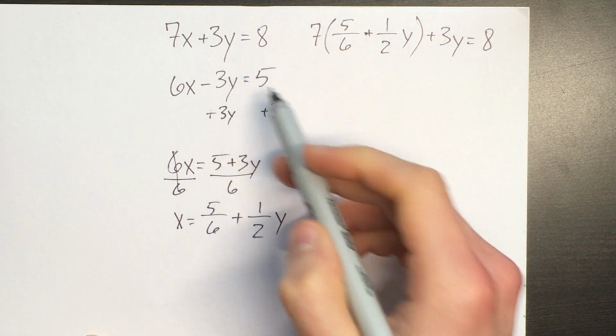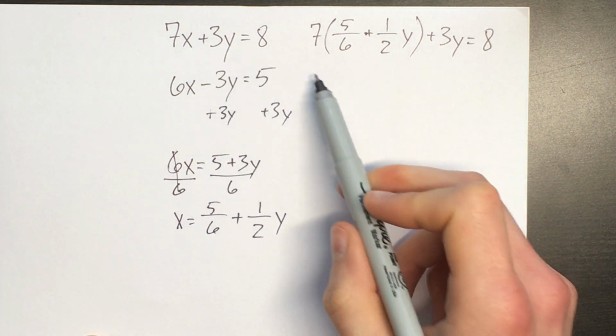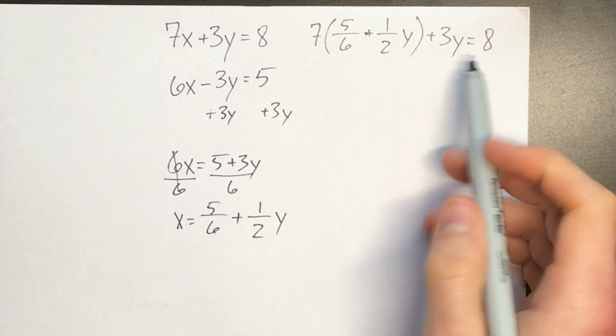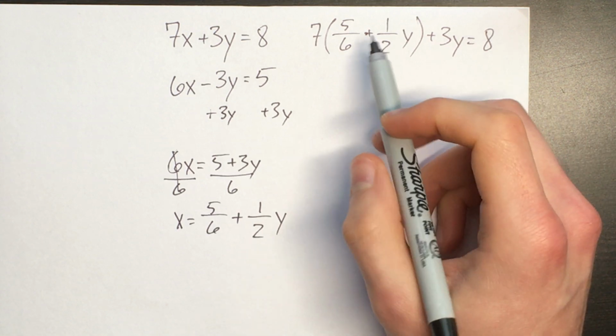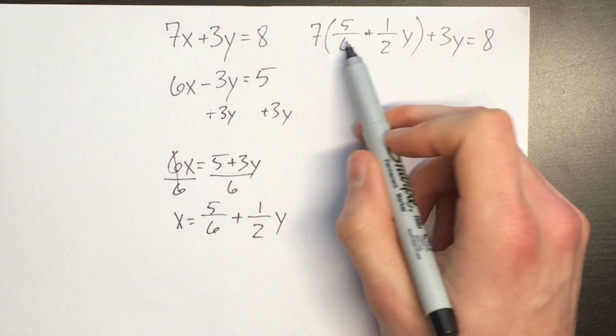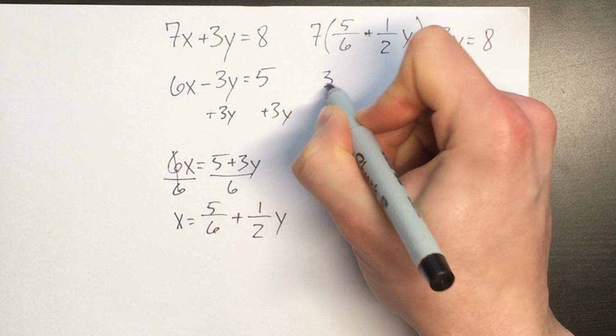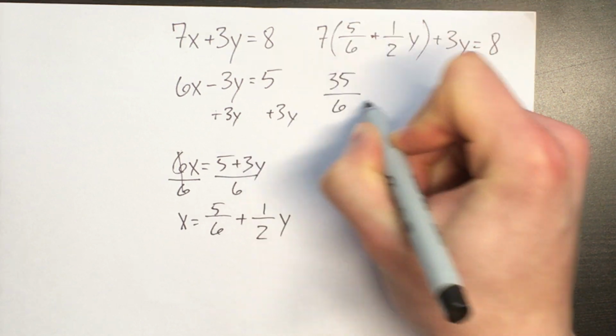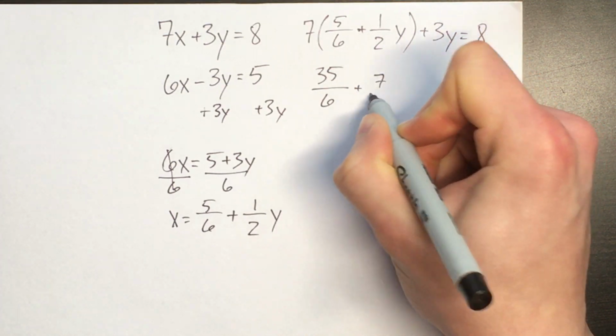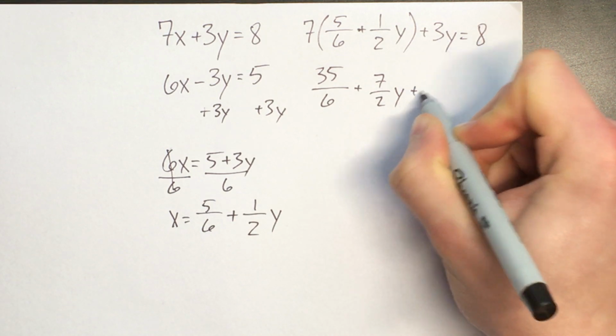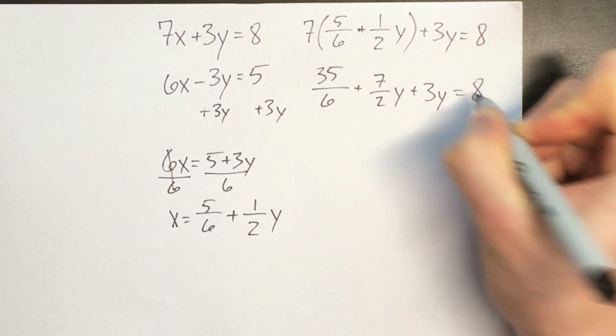Again, I just plugged this in for x. And now we can solve for y because that's our only variable. So let me distribute the 7 first. That'll be 35 over 6 plus 7 over 2 y plus 3y is equal to 8.